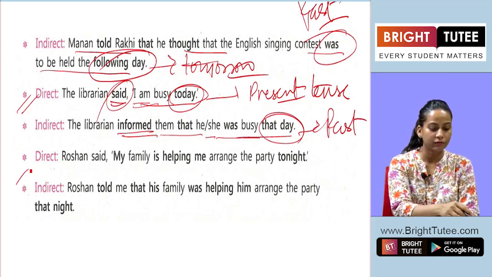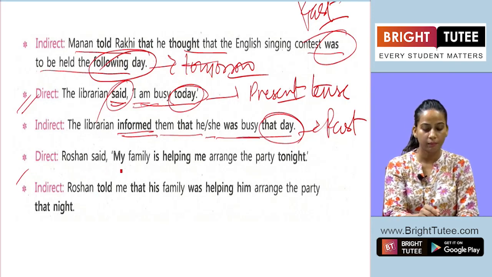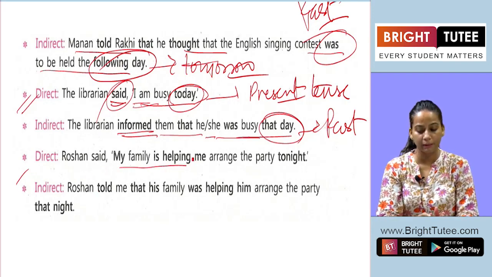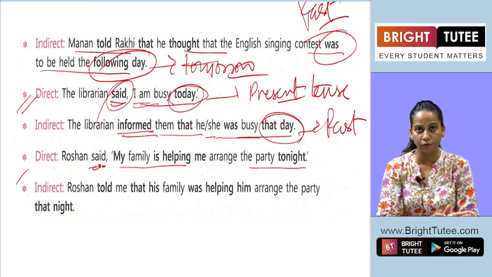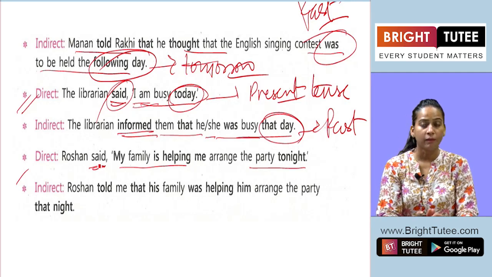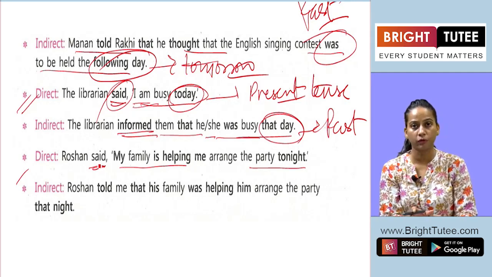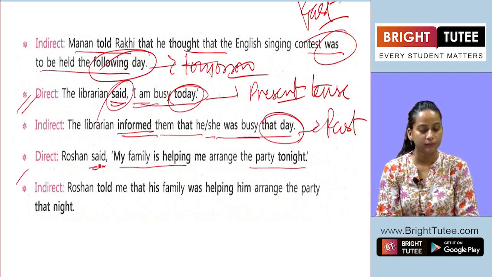Clear? The next example is given in direct speech again. Rohan said, my family is helping me arrange the party tonight. So, we have to find out the reporting verb, and then pay attention to the reported speech or reported statement, because that is the most important thing, and according to the reporting verb we are going to change the reported speech.